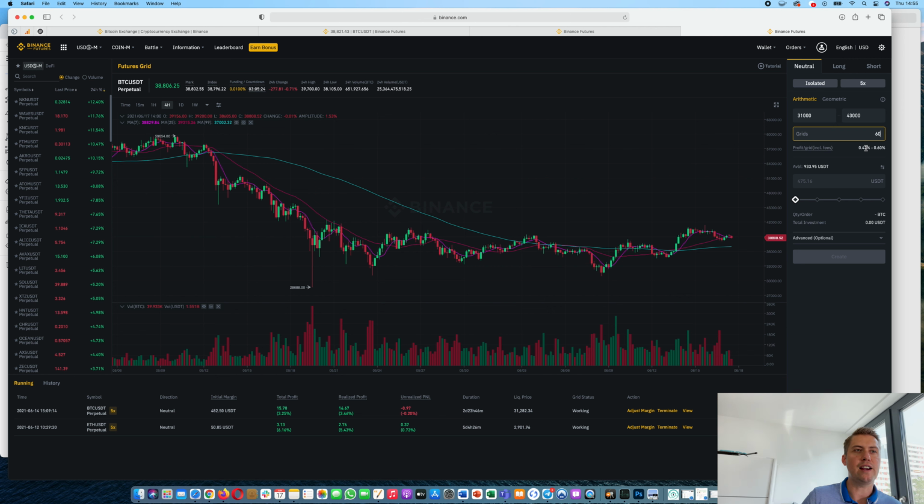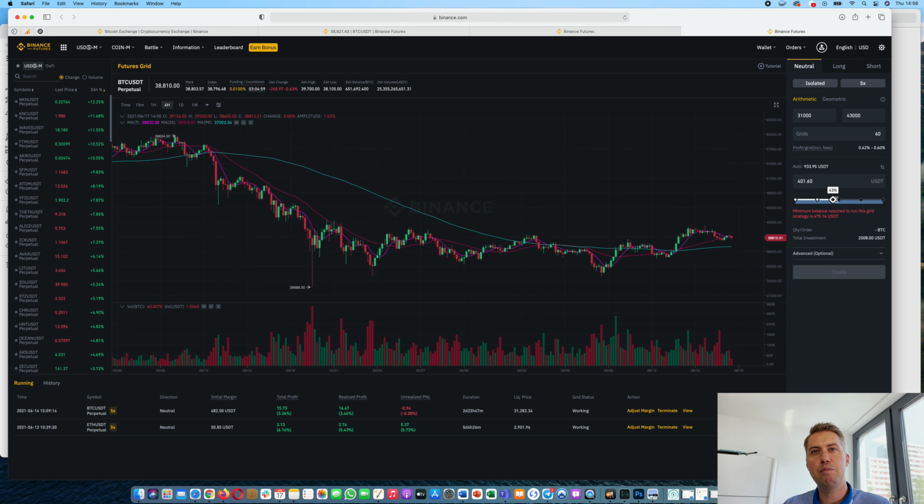If you are paying 0.1% per purchase order and 0.1% per sell order, you're already losing 0.2%. So your profit shouldn't be below 0.2%, and even way higher than that. 0.4 to 0.6 is actually quite a good number.